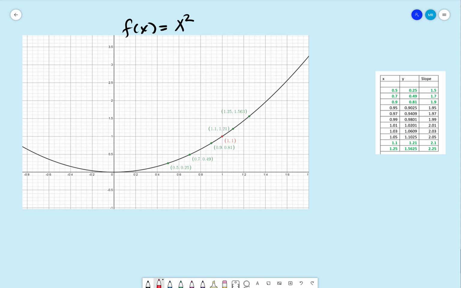That point is just the simple point 1, 1 right here. So when x equals 1, f of x equals 1 as well. And I can ask the question, what is the tangent slope at this point? So I would like the value of the slope of the line that is tangent exactly at that point.